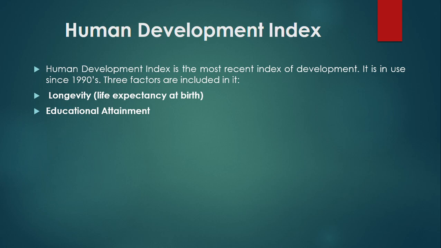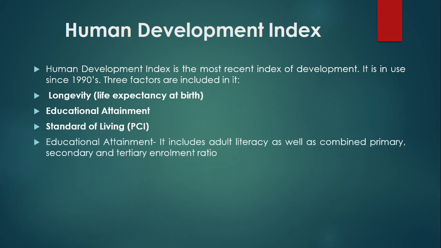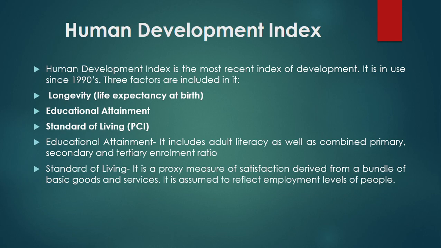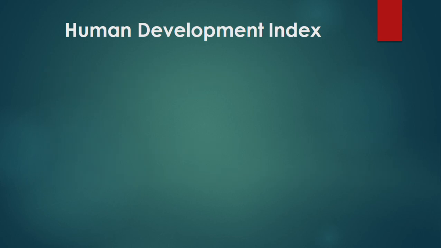Second, educational attainment. It includes adult literacy as well as combined primary, secondary and tertiary enrollment ratio. Third, standard of living. Standard of living means a proxy measure of satisfaction derived from a bundle of basic goods and services. It is assumed to reflect employment levels of people.